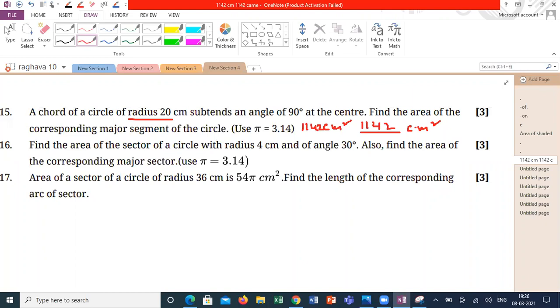Okay. Where is the segment? Chord of circle radius.